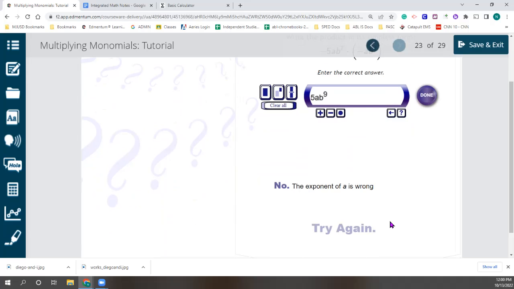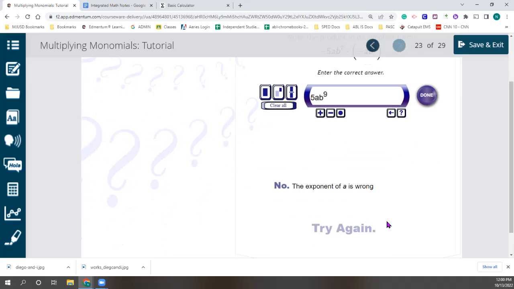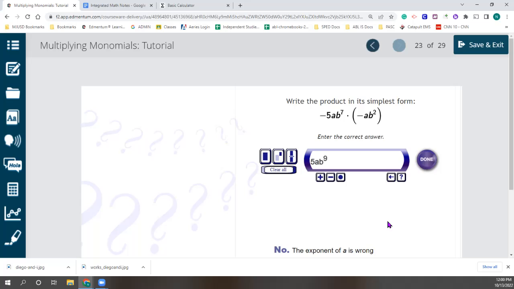No, the exponent of A is wrong. Try again. The exponent of A is wrong. 7 and 2, we add those, should be 9.